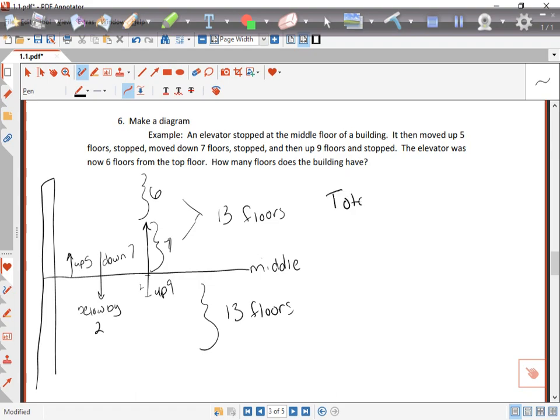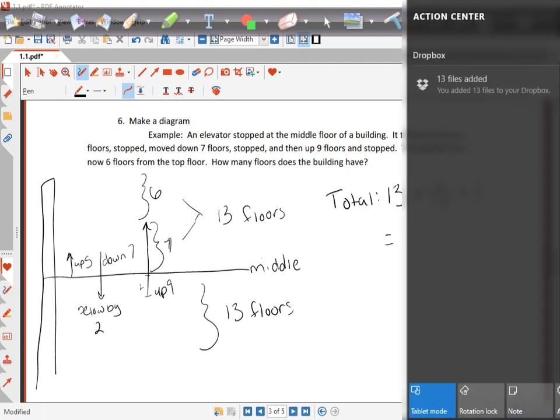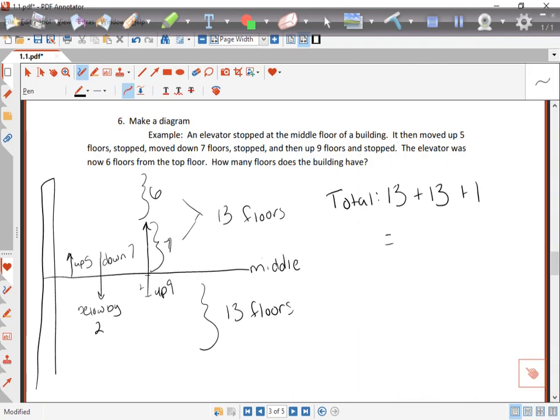So then to get our total, most people will say the answer is 26, but be very careful because we have 13 floors above the middle floor, 13 floors below the middle floor, and the middle floor. So that gives a total of 27 floors.